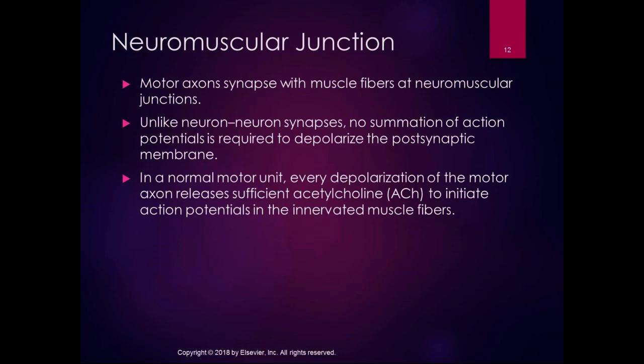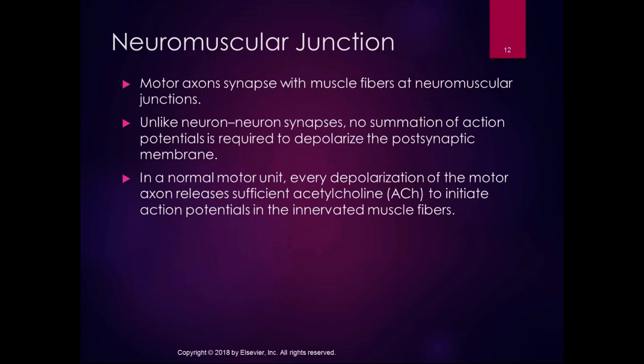So the motor axons, of course, synapse with muscle fibers at the neuromuscular junction. And nerve muscle synapses are always excitatory. So in a neuron-neuron synapse, you need summation in order to depolarize the postsynaptic membrane.